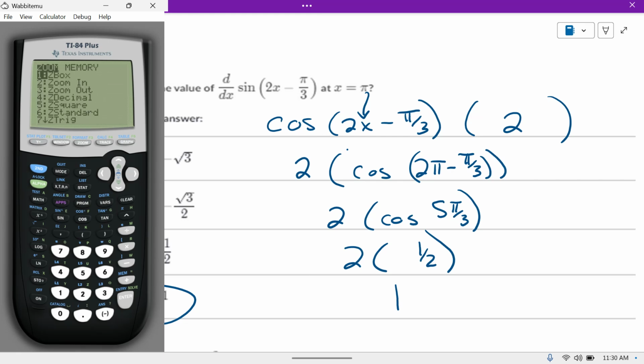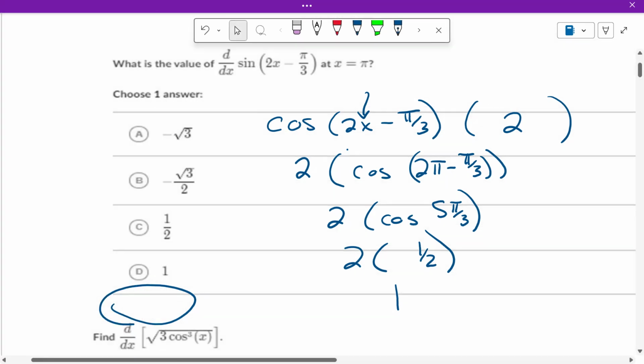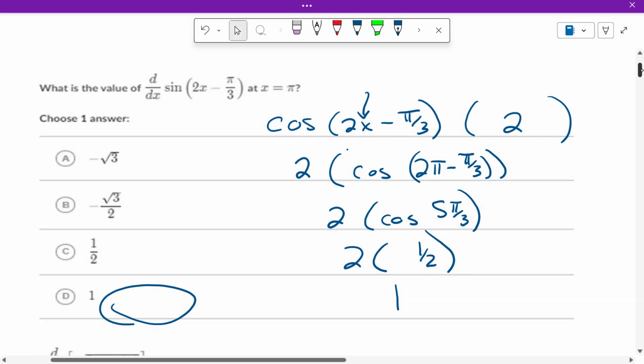Zoom trig is 7. Okay, there's a graph of that. And if I go second calc, stat calc 6 at pi, enter, it's really super close to 1, which is 1. So that's just a way to check your answer using the graphing calculator.